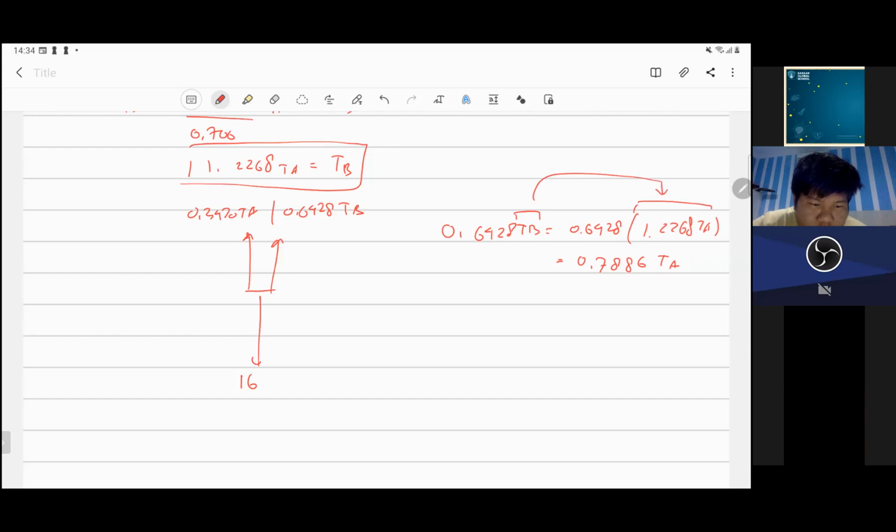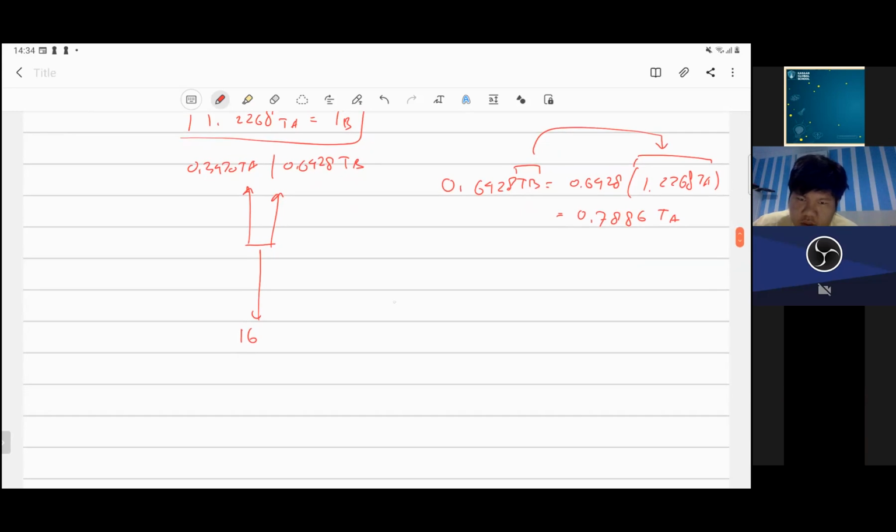Now we're talking about TA only. Now imagine I'm going to make the new graph here, but now it says 0.3420 TA and the other 0.7886 TA, and down is 16. We are changing the TB here into terms of TA now.